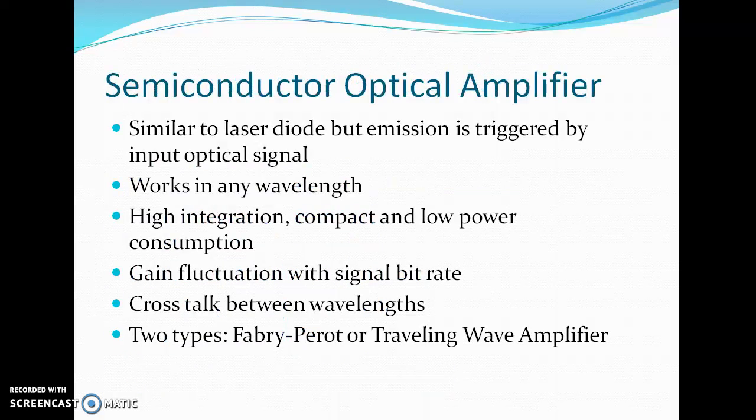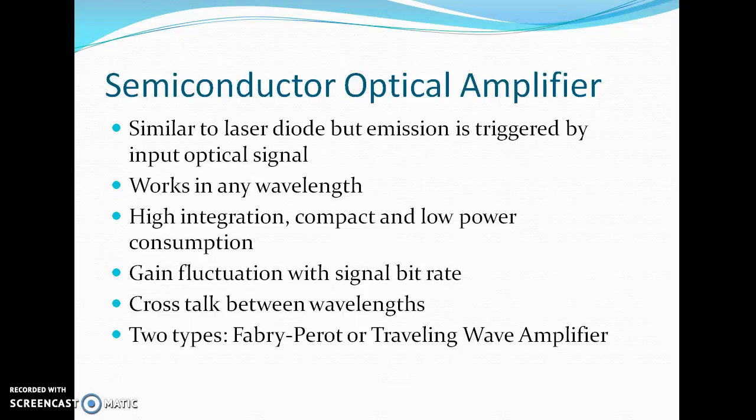So the semiconductor amplifier is similar to laser diodes, but emission is triggered by the input optical signal. The advantages of semiconductor optical amplifiers are that they are able to work in any wavelength, they have high integration, are compact, and have low power consumption.